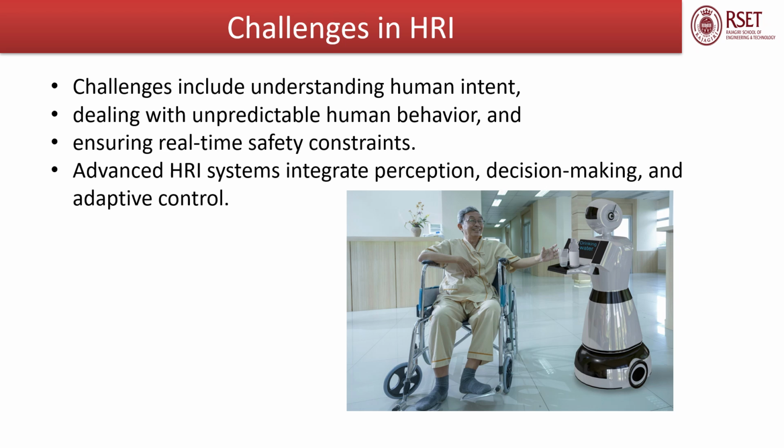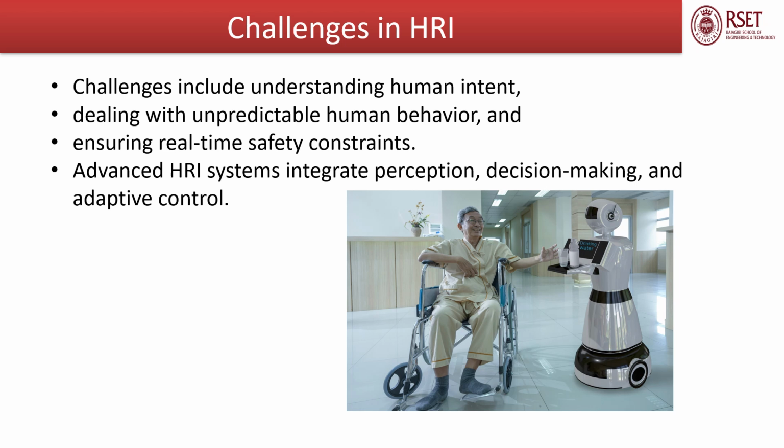Challenges in HRI. Human behavior is unpredictable. Robots must interpret human intent, react in real time, avoid unsafe movements, and maintain smooth and natural interaction. Advanced HRI integrates perception, decision making, and adaptive control.